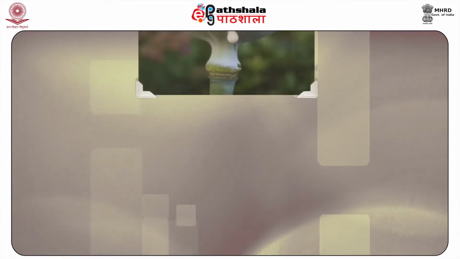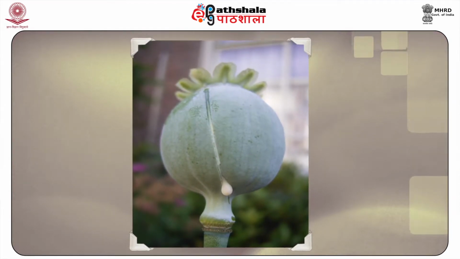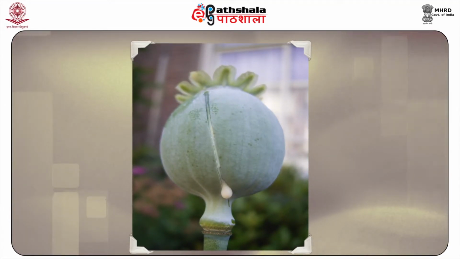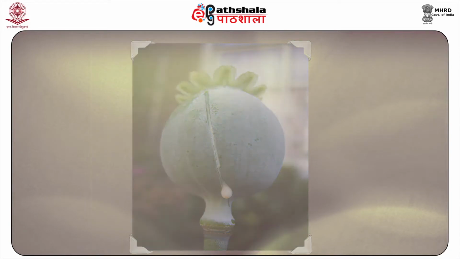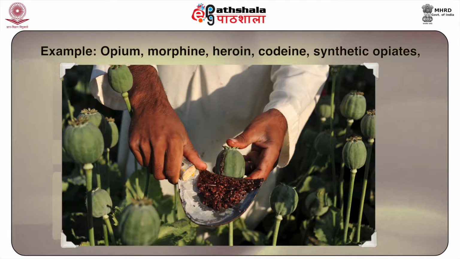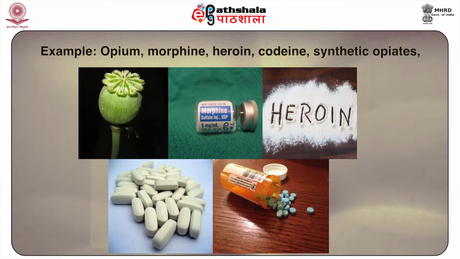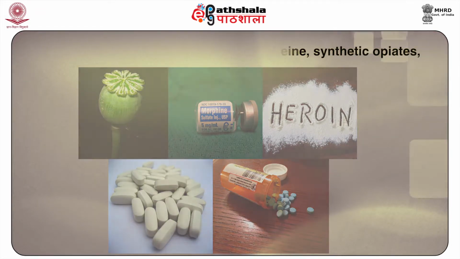The source of most analgesic narcotics is opium, a sticky milky juice obtained from the unripe pod of the poppy, Papaver somniferum. Examples are opium, morphine, heroin, codeine, synthetic opiates, etc.